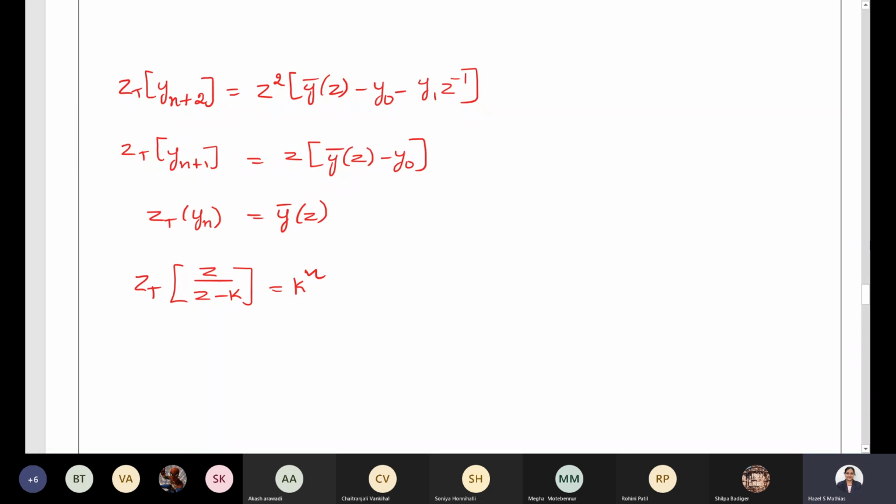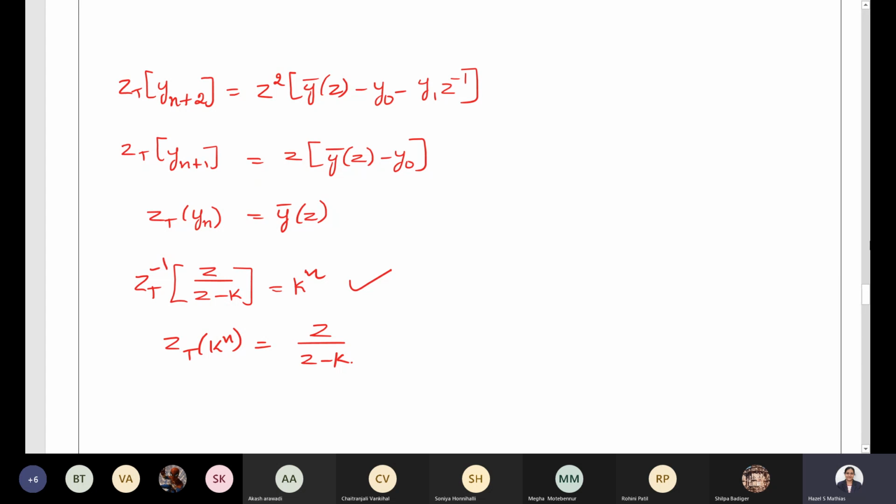Inverse Z transform of z by z minus k is k power n. That is, Z transform of k power n is z by z minus k. So there are different formulas, but most of the time we use this one.